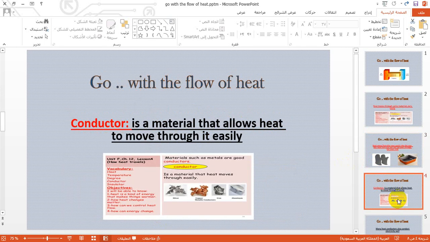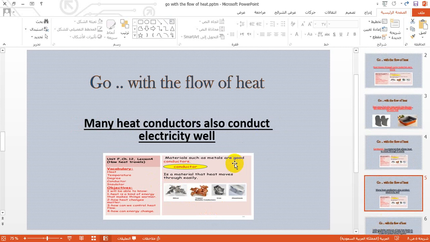Okay, so a conductor is a material that allows heat to move through it easily. Any kind of material like this one or this one, all these are examples of material that allows heat to move easily from one object to another. For that reason we call it a conductor, because it helps the heat move easily and fast.